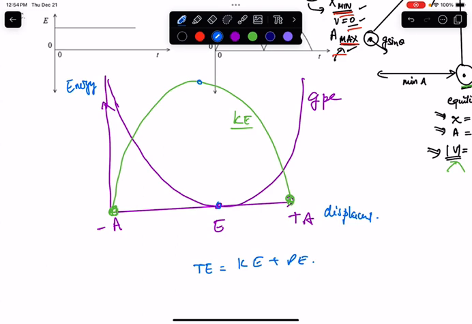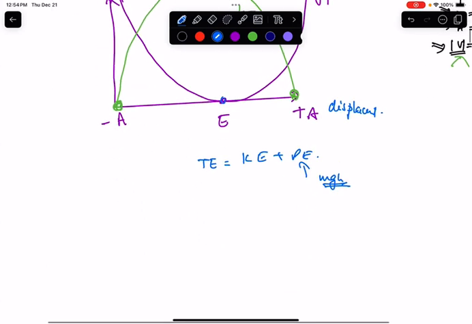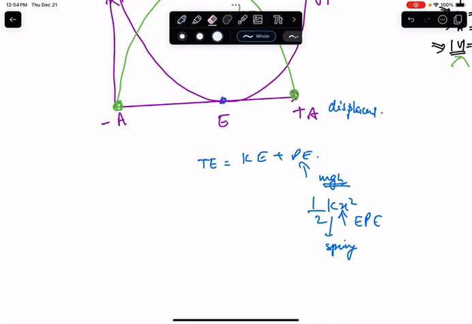So in a simple pendulum, the potential energy is mgh, which is gravitational potential energy. But if you have a mass spring system, then the potential energy would come from 1/2 kx squared, which is elastic potential energy. So k is the spring constant, right? But basically the point is that the total energy is the kinetic energy plus the potential energy.